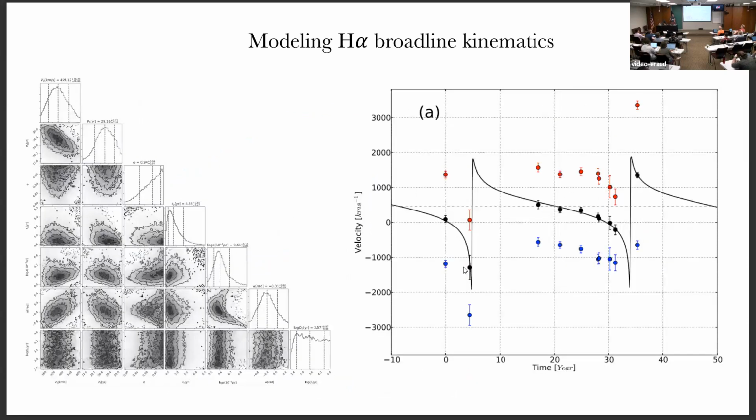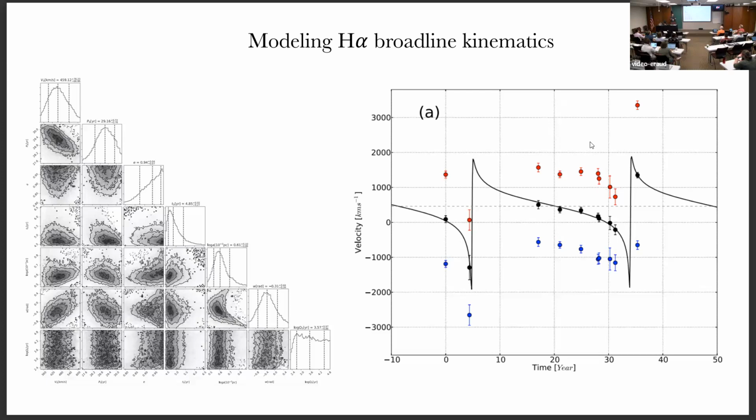Then this is just the fitting. The red and blue points are the velocities measured for the red and blue components of the broad emission line, and the black points are the average of these two. This scenario fits the data, but unfortunately this is just about one cycle.